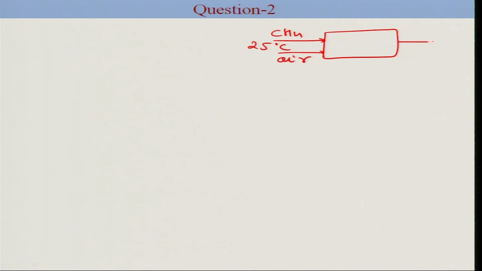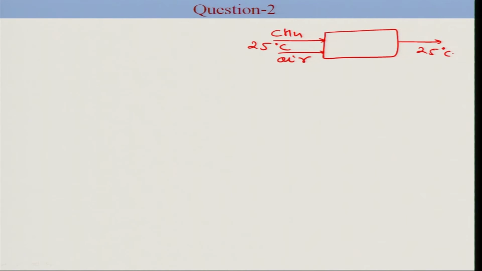So, what is happening in the combustion chamber? Methane is being burned with air. It is entering the combustion chamber at 25 degree centigrade and leaving it at 25 degree centigrade as well.